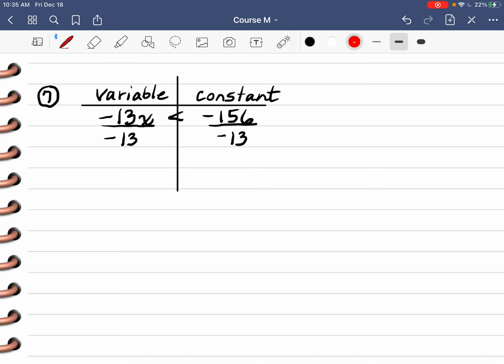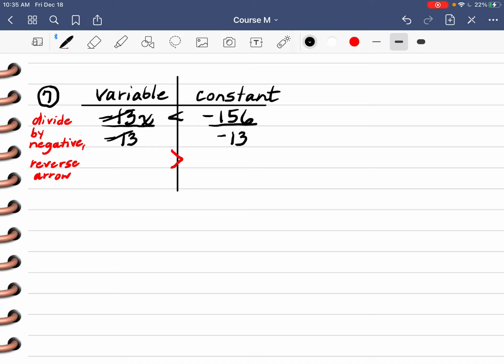I am dividing by a negative, and when I divide by a negative or multiply by a negative, what happens? The sign reverses. And I am not going to go into why that is. Your college professors may, but I doubt it. Just trust me, you do have to reverse the arrow.